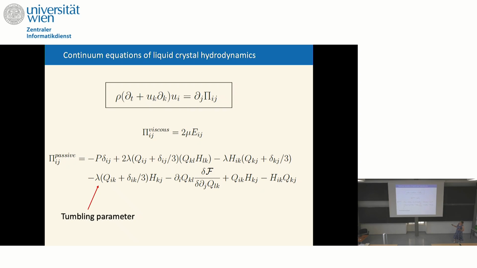And in the stress tensor, I have the normal viscous term, which depends on velocity gradients. And then I have a horrible term, which is called backflow, which is the effect of the liquid crystal molecules moving on the surrounding fluid. So if these things turn, they're going to set up flows, and you have to include that in the equations.